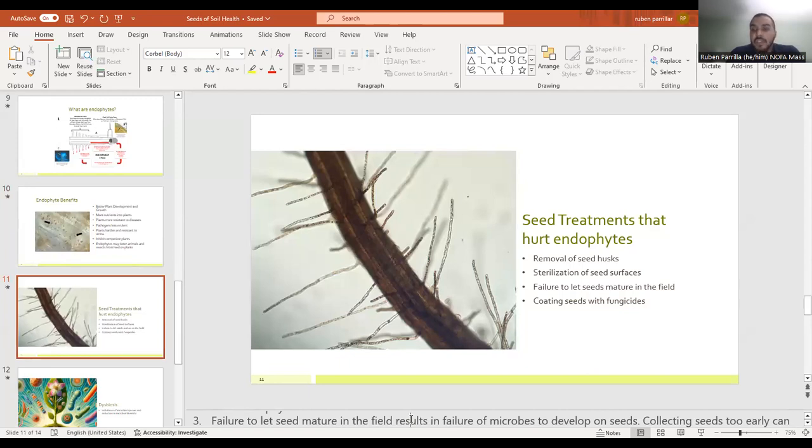Failure to let seeds mature in the field. So this is actually a very interesting concept because the main purpose of these plants is to reproduce, right? And so if their main purpose is to reproduce, they're spending a lot of energy trying to make sure that these endophytes do get to the reproductive parts, meaning the seed ultimately.